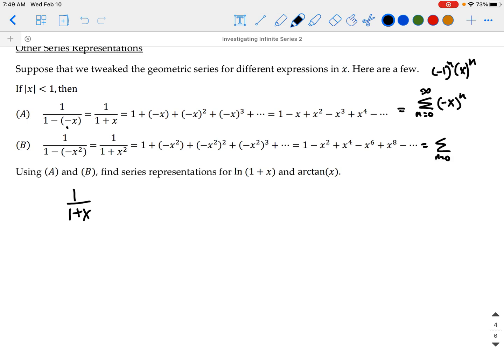And then for b, we're just going to get -x squared to the n or -x to the 2n times -1 to the n. All right, so for 1 plus x, again, we've got 1 minus x plus x squared minus x cubed, etc. So we'll integrate both of these expressions.